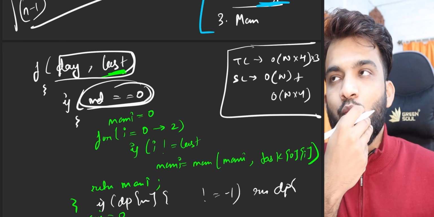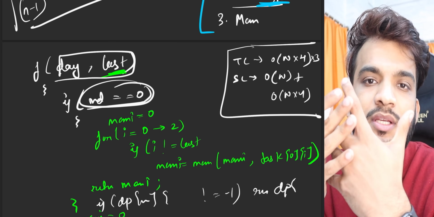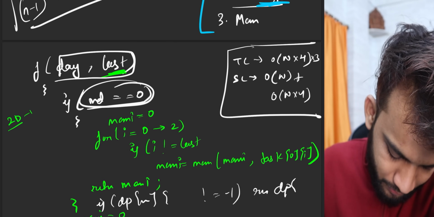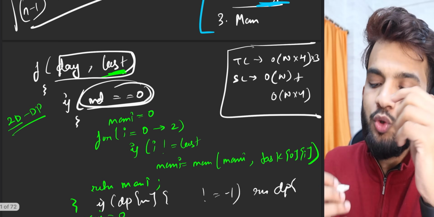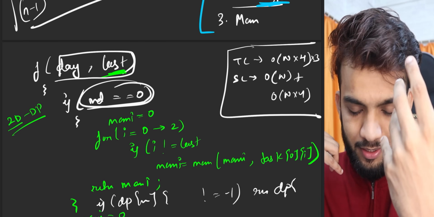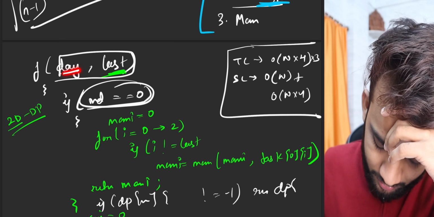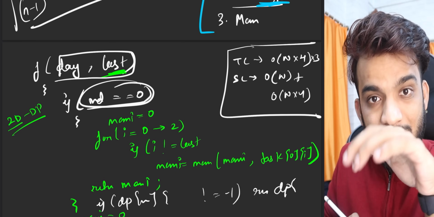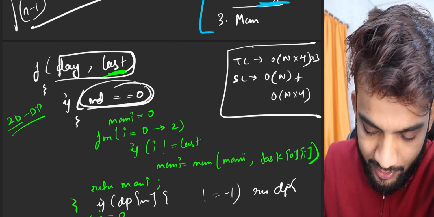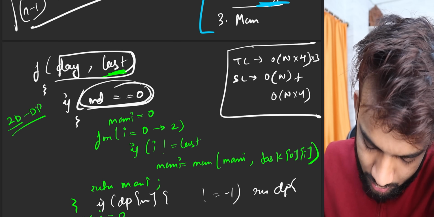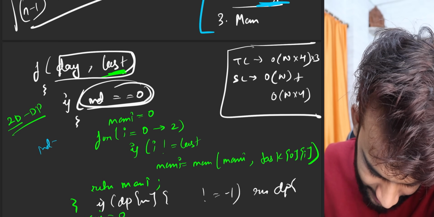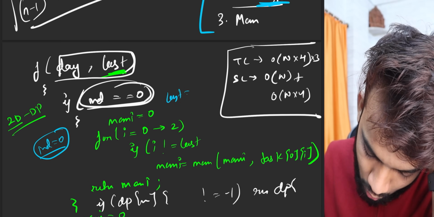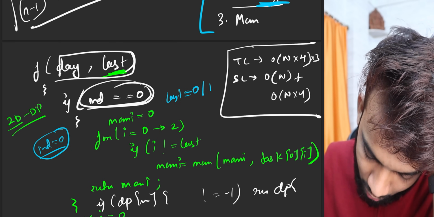Now, whenever you're doing 2D DP, what should you keep generically in your brain? Try to think from this perspective of base cases. That's the trick. You'll be like, Striver, over here, if index is 0, last can be 0, or it can be 1, or it can be 2.